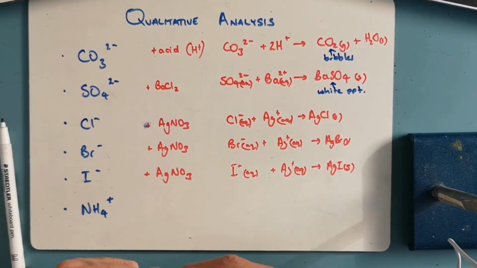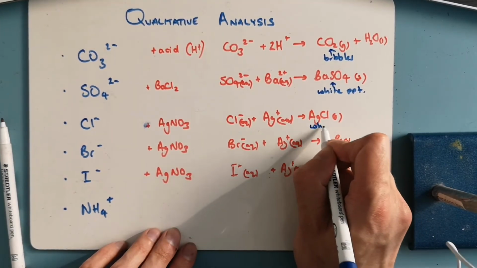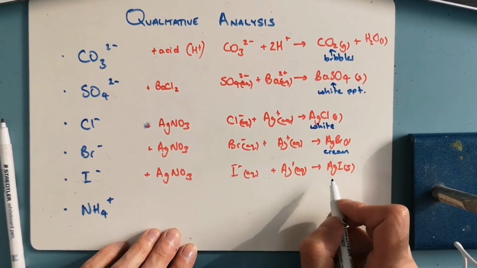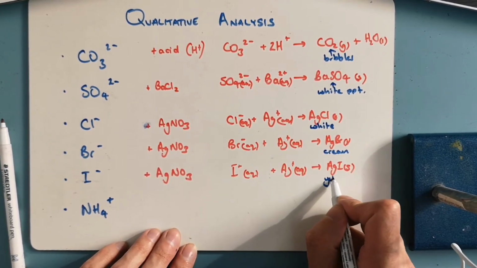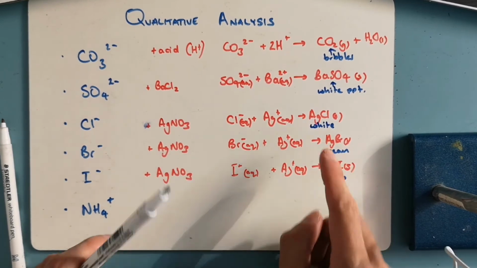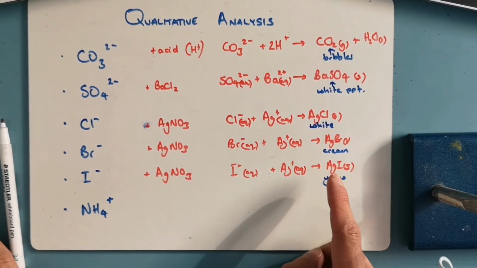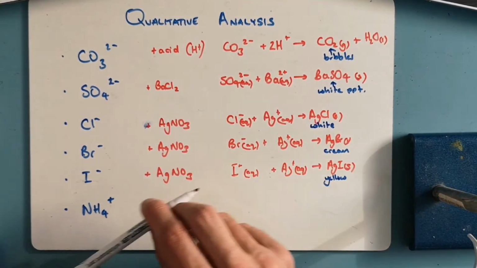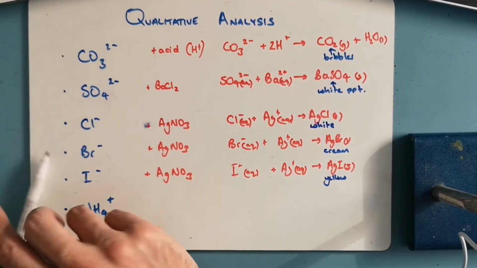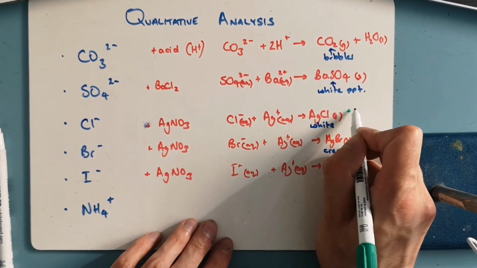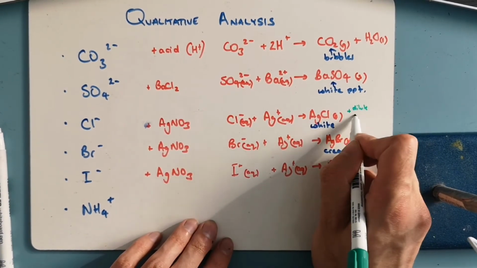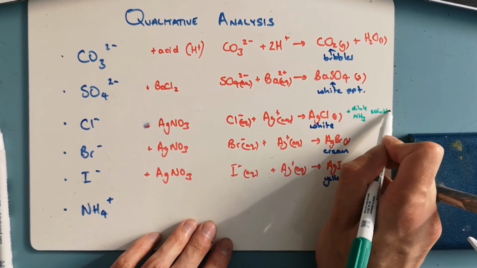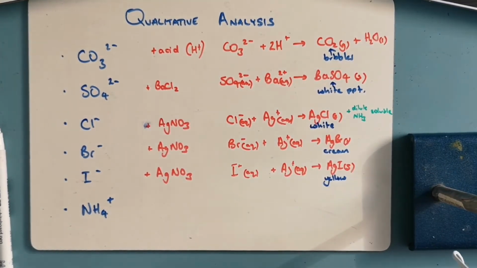Each of these has its own particular colour. Silver chloride is white, silver bromide is cream, and silver iodide is yellow. These are very similar colours, and sometimes it's very difficult to tell whether it's white or cream. So if we add a few drops of dilute NH3 to each of them, the silver chloride will dissolve in dilute NH3.